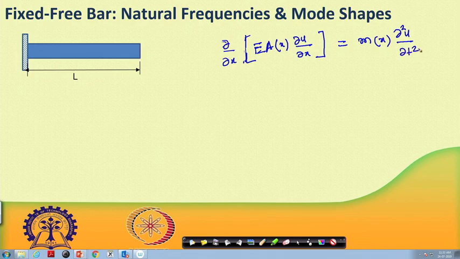So, this equation was derived in the last lecture.